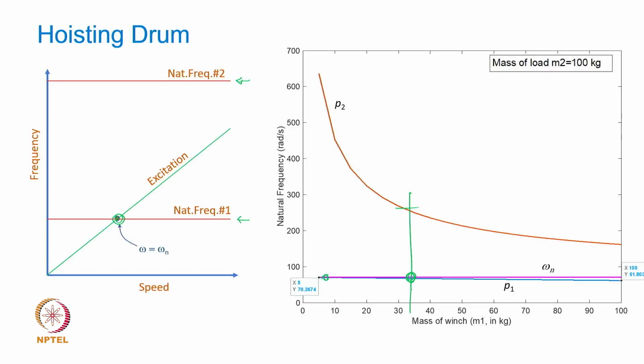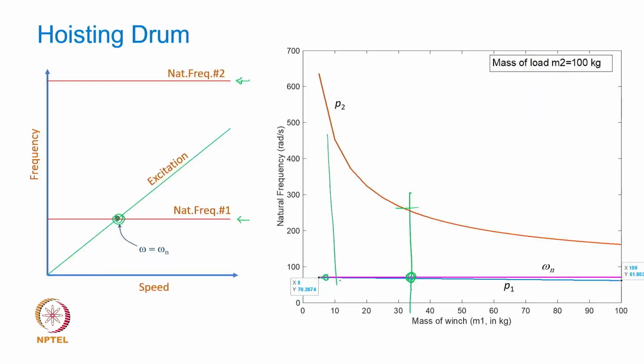Now it all depends on what your excitation frequency is vis-a-vis these two natural frequencies, right? In this particular case, as the rotational speed of the motor, of the drum, increases, your excitation line is going to be like this. It's never going to touch or come anywhere closer to your second natural frequency, right?